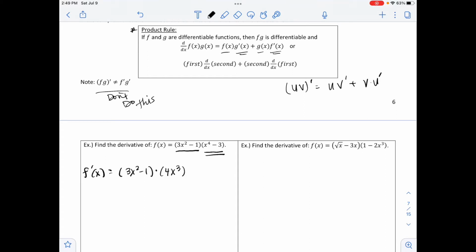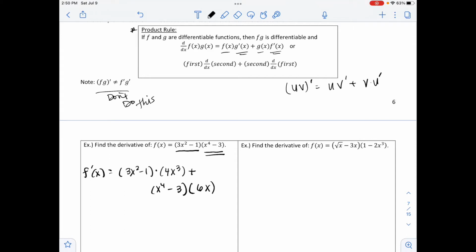Then we have a plus, and then it's going to be the second, which is x to the fourth minus 3 times the derivative of the first. And the derivative of the first is going to be 3x squared, which the derivative of that is going to be 6x. Minus 1, the derivative of that is just 0. So it would just be 6x.